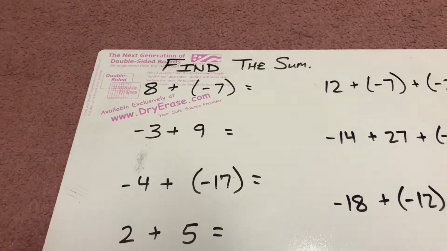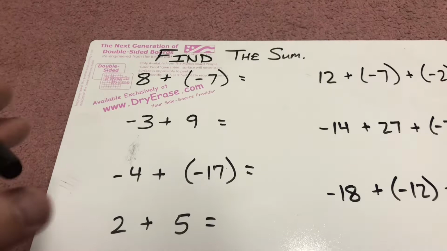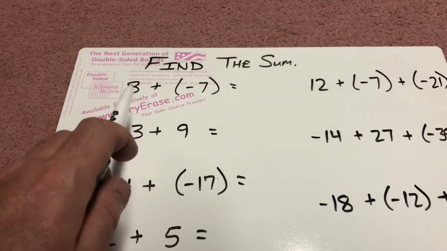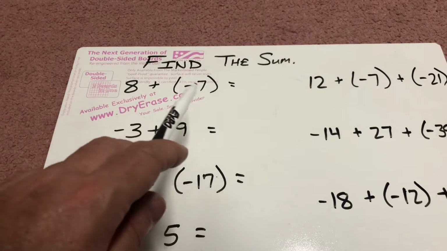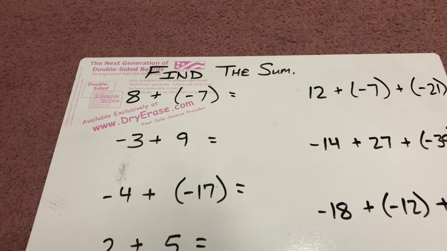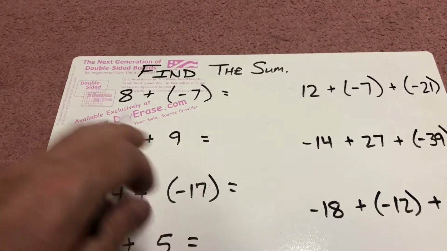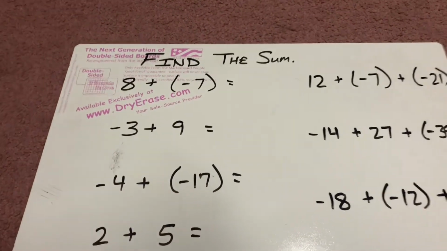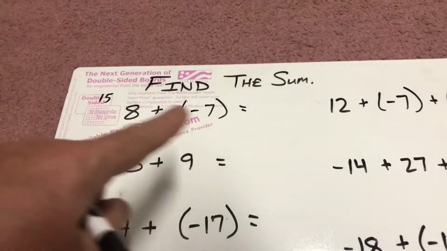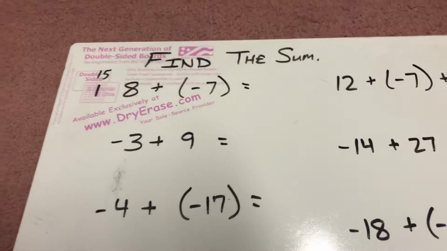is whenever we are finding the sum of negative and positive numbers, the numbers always work. Like if I look at 8 and 7, what do I mean when I say the numbers always work? Well, 8 plus 7 is 15, so I make a note of 15. And then 8 minus 7 is 1.